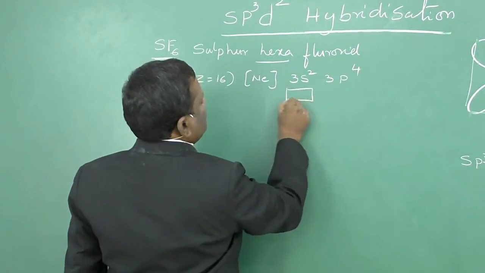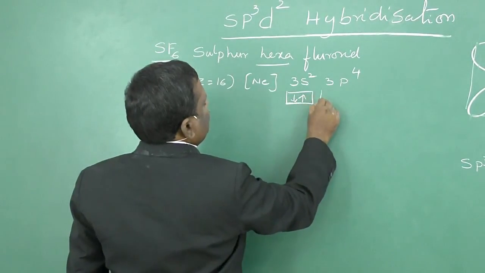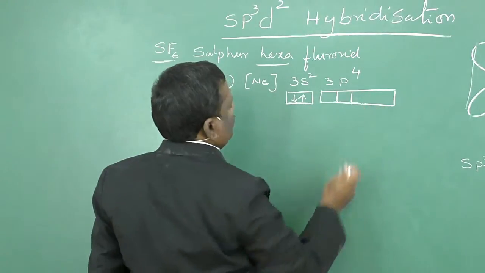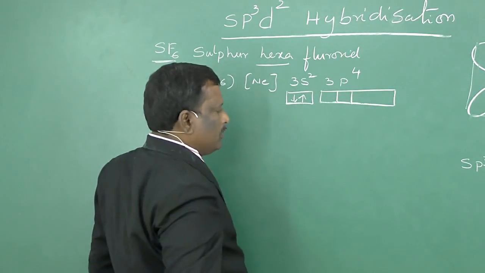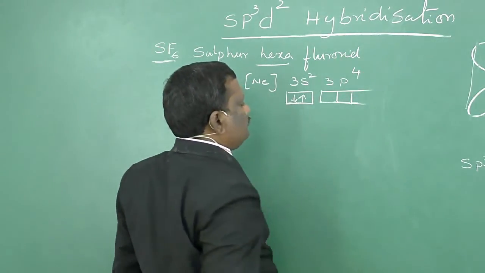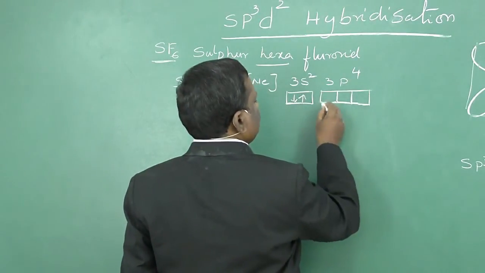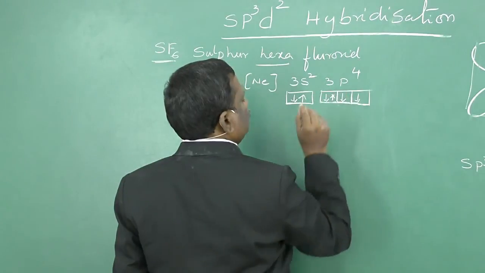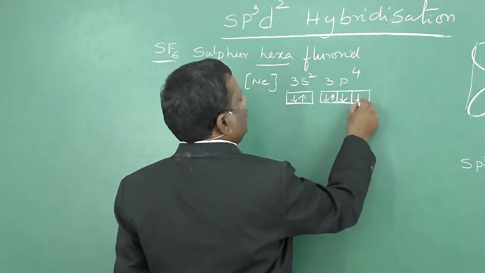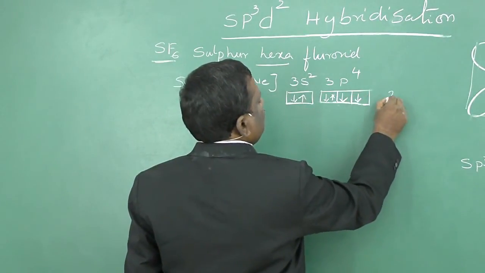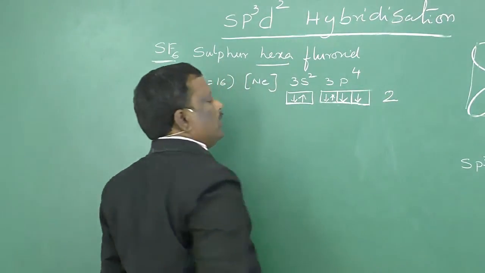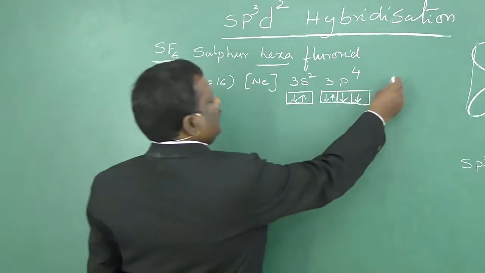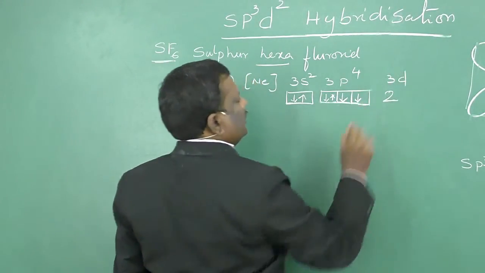That is, in the valency shell we have 2 electrons in the 3s orbital and 4 electrons in the 3p orbital. So here 2 half-filled p orbitals are present, and the valency of sulfur is 2 in its ground state. The 3d orbital is also there, but it is empty.